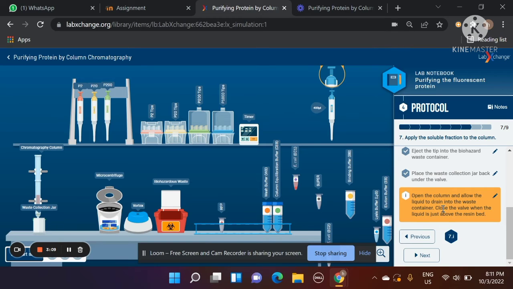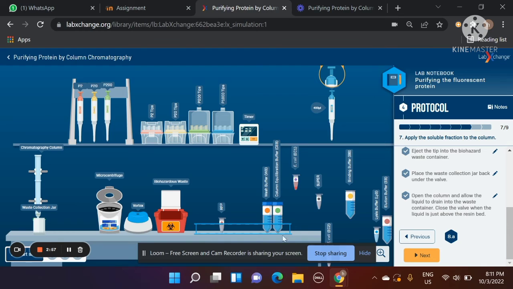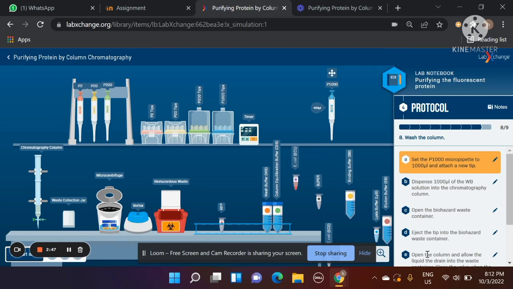Then open the valve. So afterwards, we are going to move on to the eighth procedure, which is wash the column.